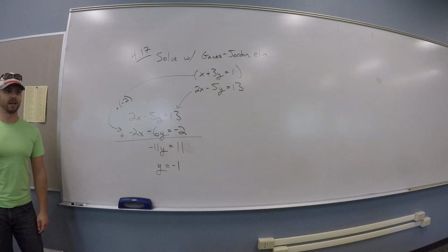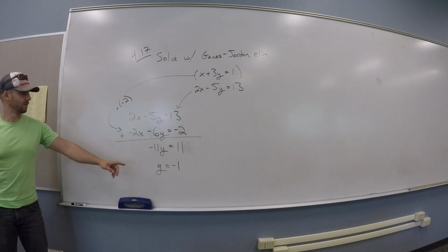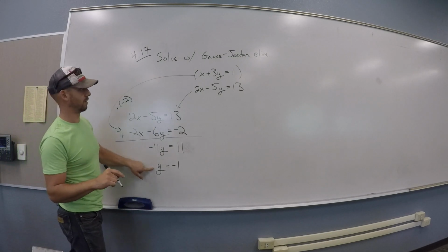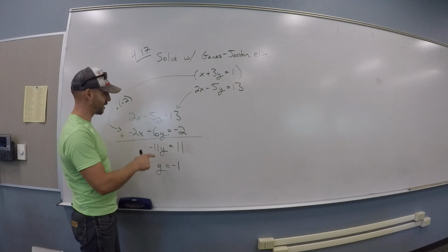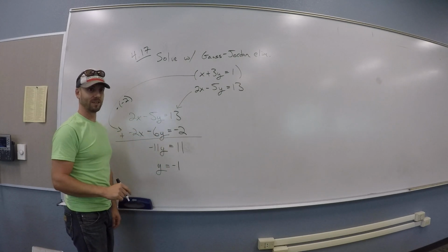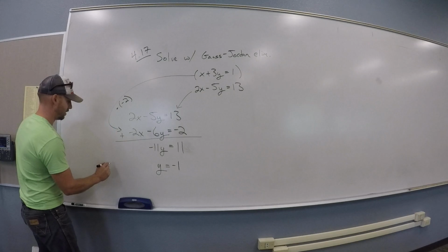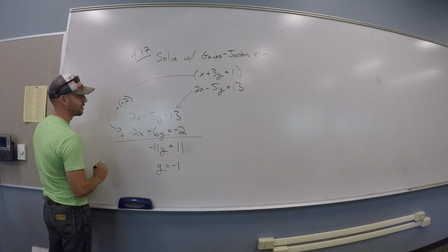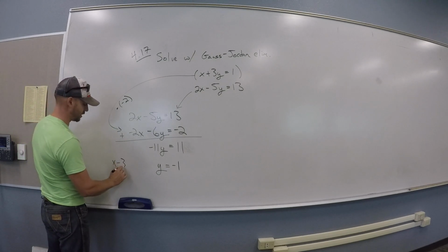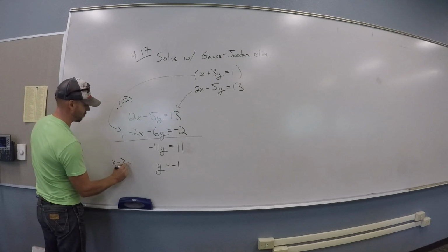Yes. Where does the x come in? Now you plug the y value into the second equation, or the first. I'm going to plug it in the first equation, because that's going to be easier. Out of the first equation, I get x minus 3 equals 1.